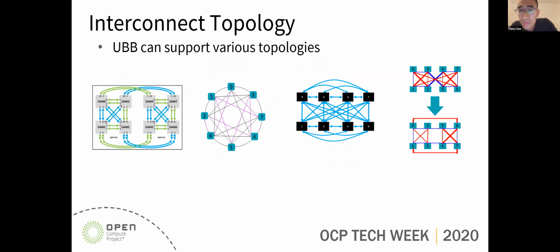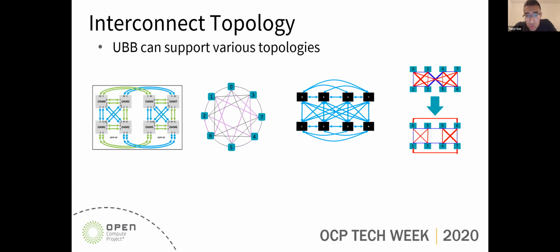So I want to use the next slide to talk about the interconnect topologies. As I mentioned, there are different designs which are included in both the OEM and UBB specs. Here the slide includes some of them, such as the 8-link based hypercube mesh, 8-link based quarter ring, fully connected, and also the fully connected combined with HCM.